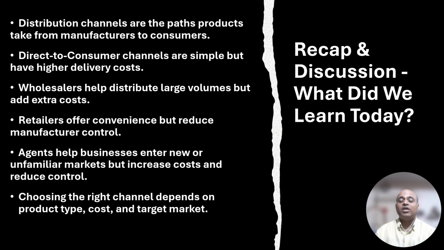Retailers offer convenience but reduce manufacturers' control. Next, agents help businesses enter new or unfamiliar markets but increase costs and reduce control. Finally, choosing the right channel depends on product type, cost, and target market.